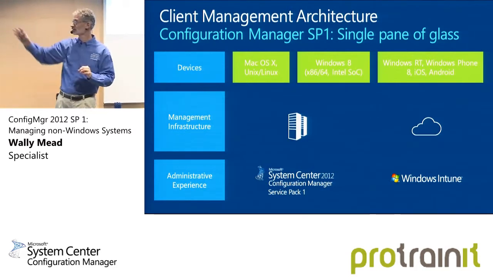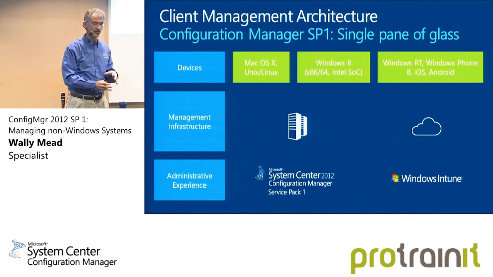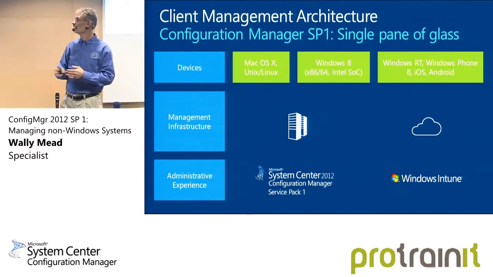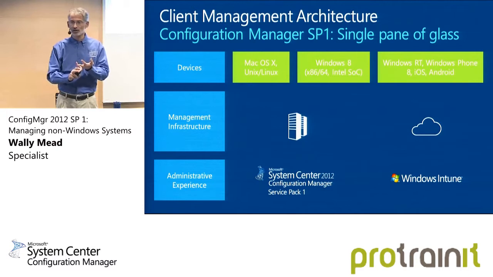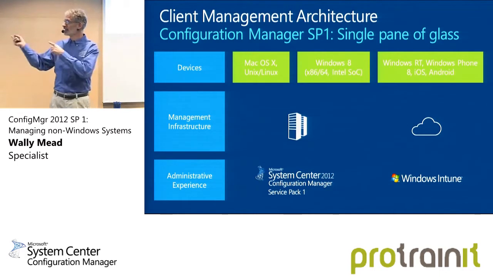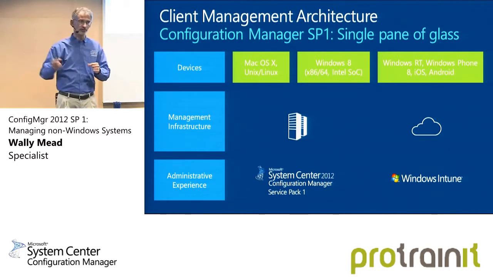We've obviously already talked quite a bit about Windows 8 devices, so we're adding support for those. And then you have these other types of devices: Windows RT, which runs on a different architecture, Windows Phone 8, your iOS devices, your Android devices, and additional types of mobile devices. So you can manage various flavors of these with these two different solutions.